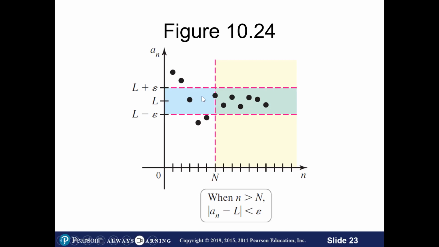What we're saying is that if the sequence a sub n converges to L, then for any epsilon greater than 0, I can find, so here's L, imagine a line drawn across here's L. If the sequence converges to L, then for any epsilon greater than 0, I can find a value N such that for terms past that big N term, the a sub n's are going to be between L plus epsilon and L minus epsilon.